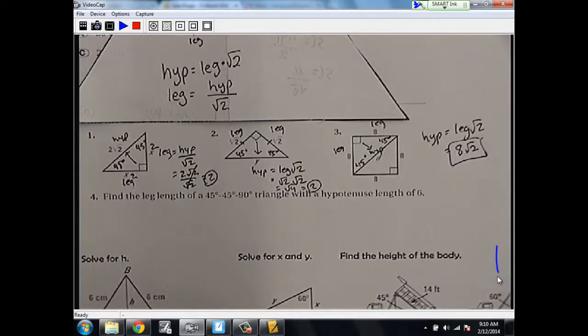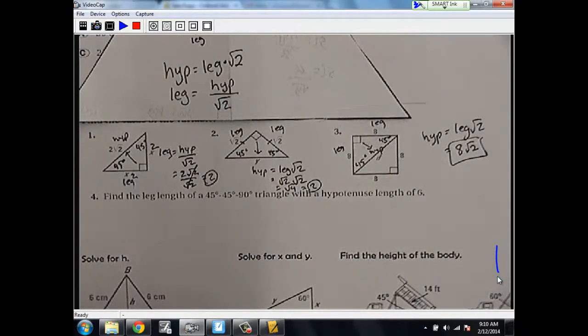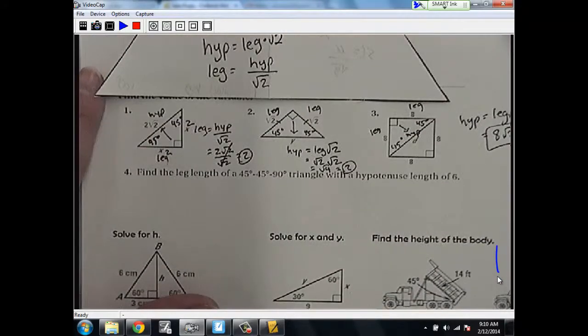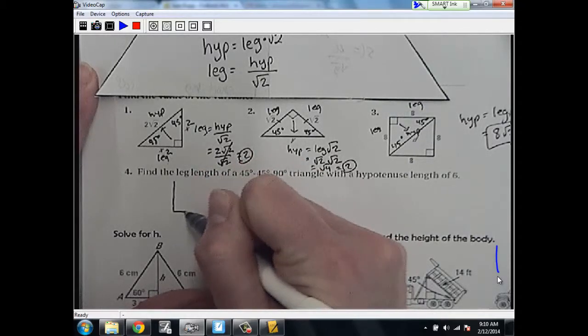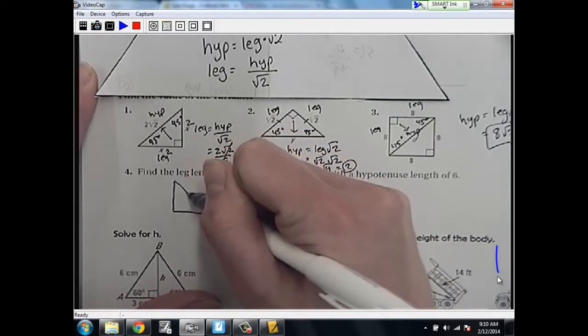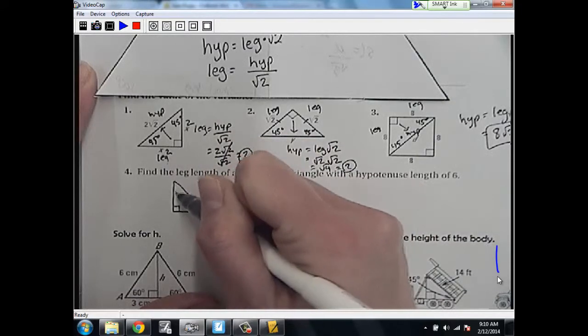Number 4 says find the leg length of a 45, 45, 90 degree triangle with a hypotenuse length of 6. Can we draw it? I hope so. It's a 45, 45, 90 triangle. We know 2 legs are the same. That's a right angle.